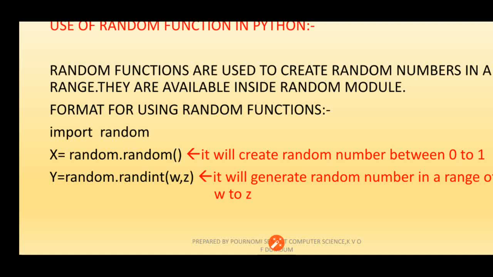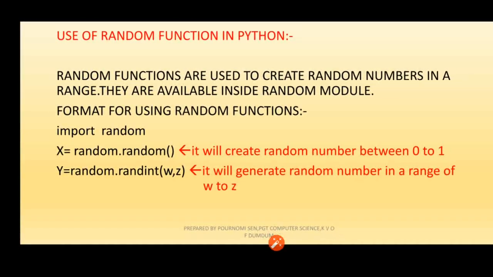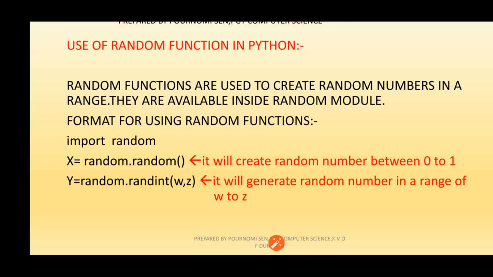What will the second function do? Another variable you have taken, y equals random.randint(w, z). From the name it is understood that randint is going to create an integer number. So what is written, let's see. It will generate a random integer in the range of w to z.